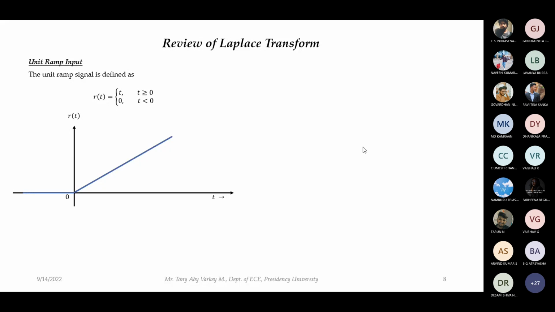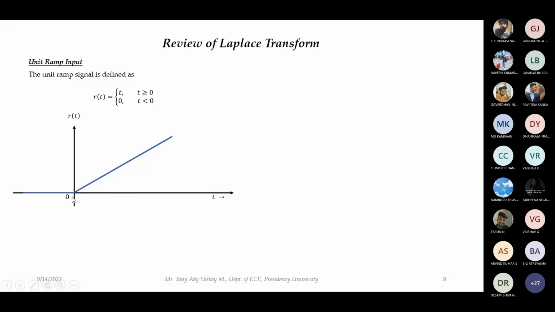When t is less than 0, the value is 0, the blue line you can see. When t is greater than or equal to 0, it is equal to t. When t is 0, the value is 0. When t is 1, the value is 1. When t is 2, the value is 2. When t is 3, the value is 3, when t is 5, the value is 5, and so on. So it will be a straight line like this.